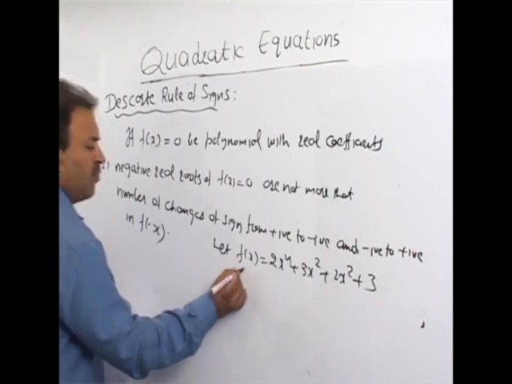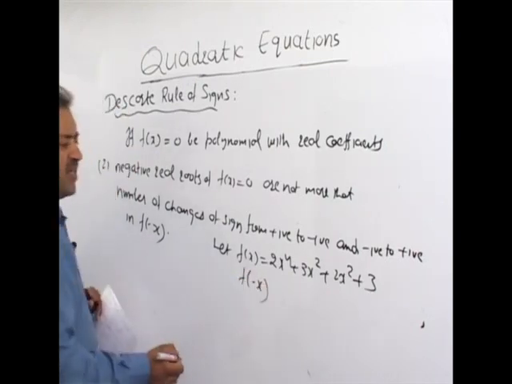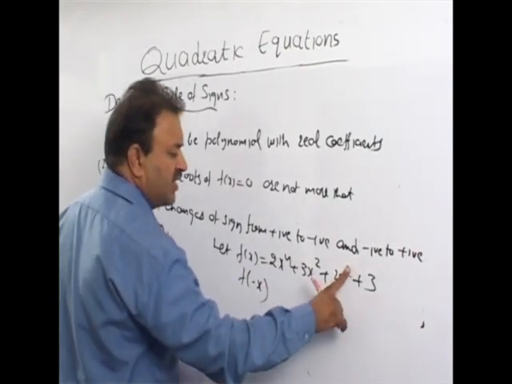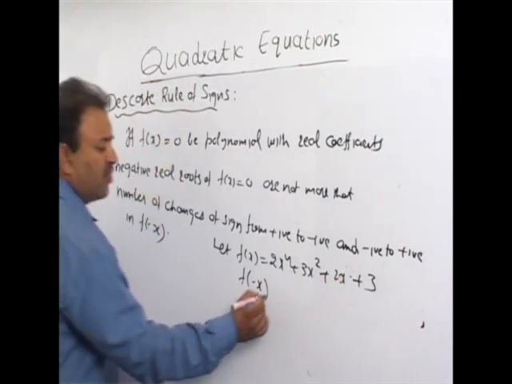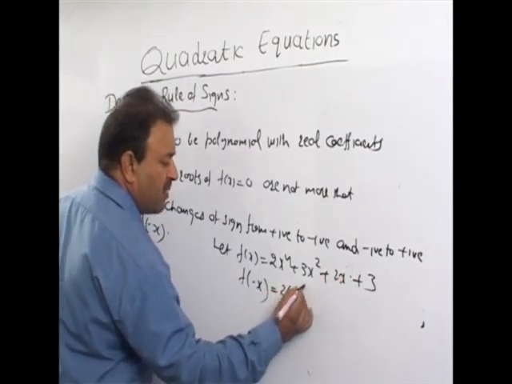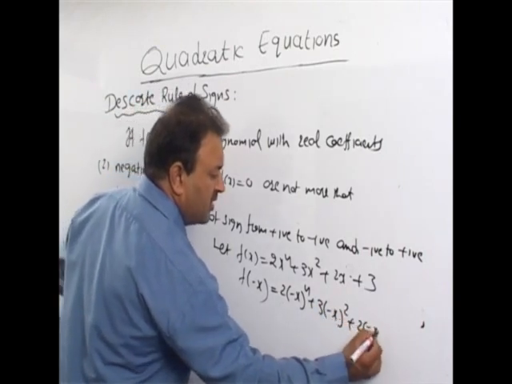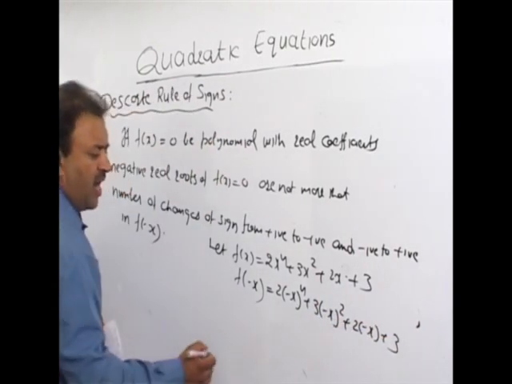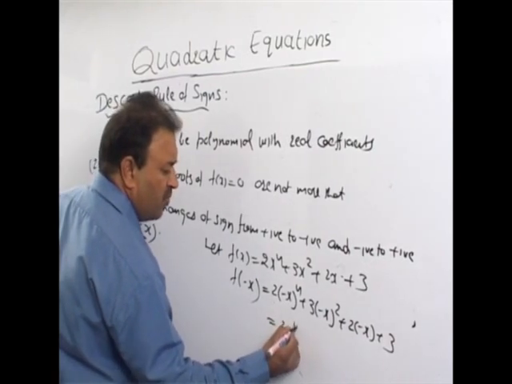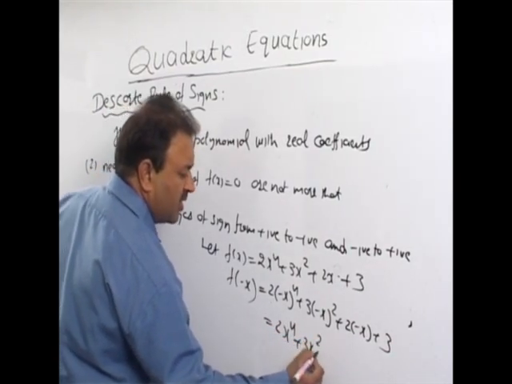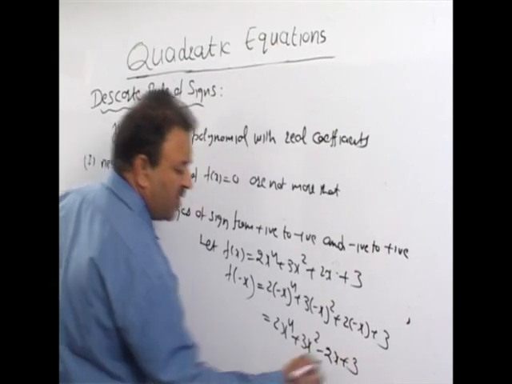Now we would like to see what f(-x) is. F(-x) will be 2(-x)^4 + 3(-x)^3 + 2(-x)^2 + 3, which becomes 2x^4 - 3x^3 + 2x^2 + 3.